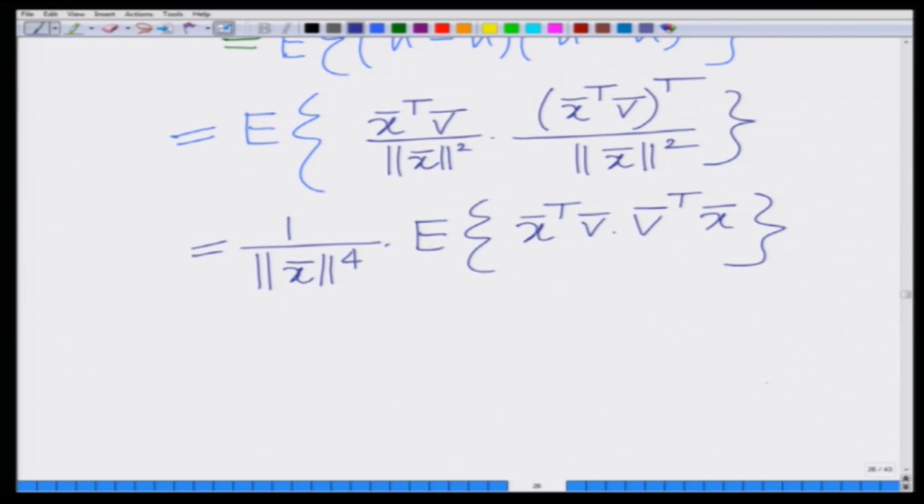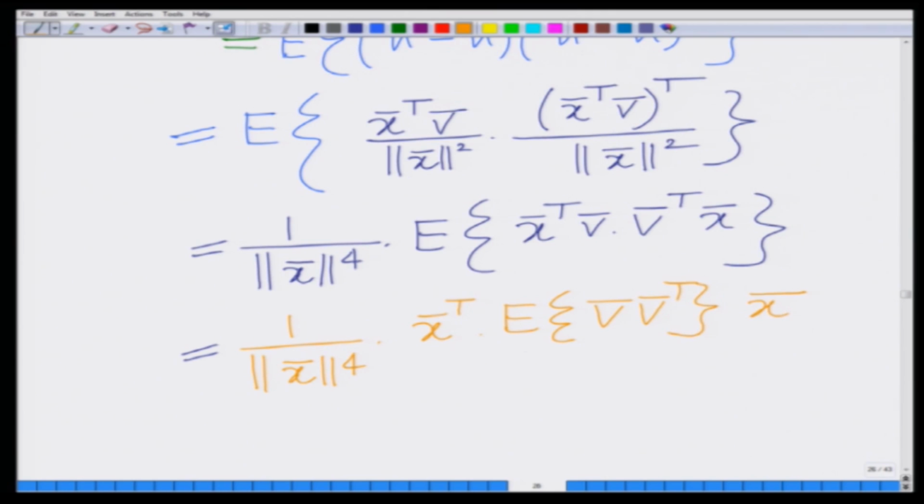If I move the expectation operation inside, that is 1 over norm x bar to the power of 4 times x bar transpose expected value of V bar V bar transpose x bar.